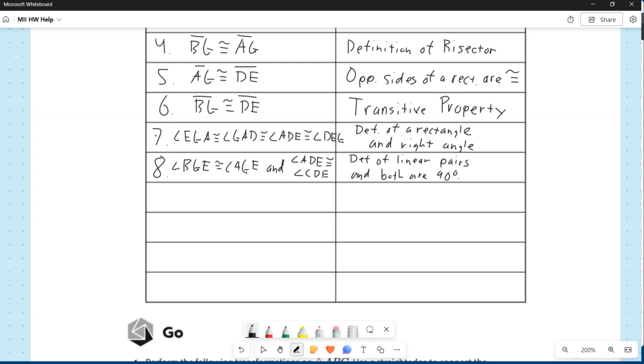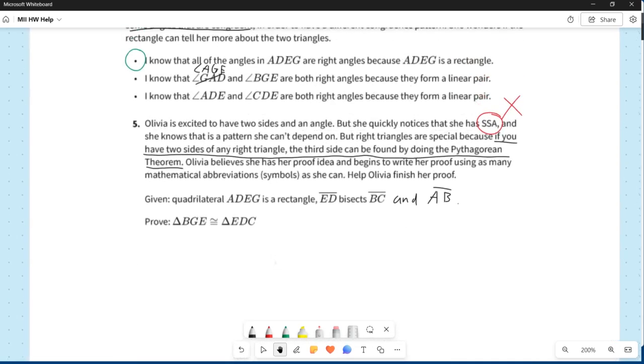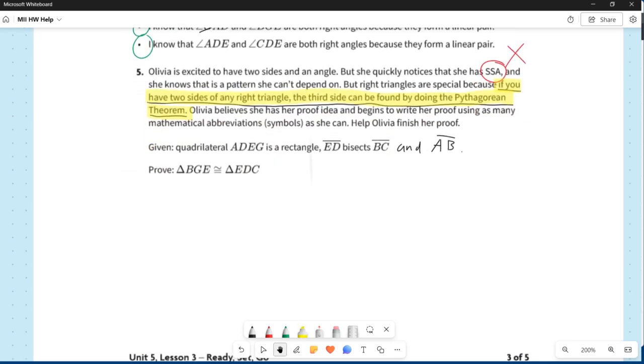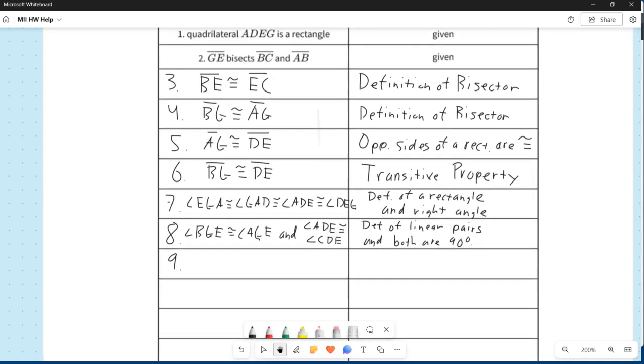All right. So for statement 9, at this point, the notes start to peter out a little bit because we've covered this and we've covered this. So we're not done yet, but we're sort of out of bullet points. But notice this piece right here. If you have two sides of any right triangle, the third side can be found by doing the Pythagorean theorem. And that's going to be sort of like the last piece that sort of unlocks this problem for us.